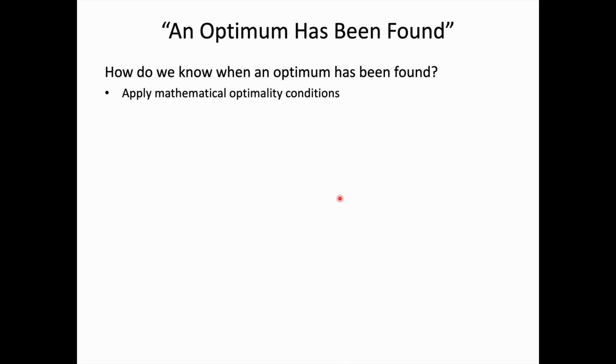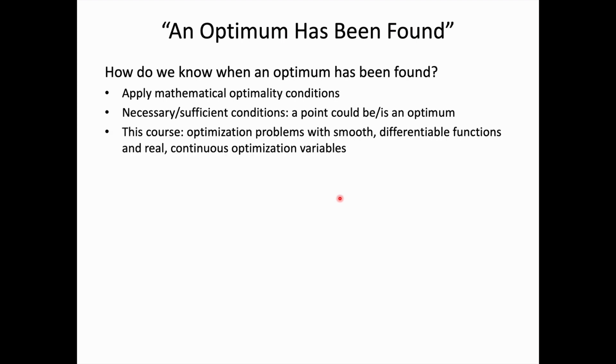So what does it mean when an optimum has been found? How do we know when it's been found? We need to apply mathematical optimality conditions, and these typically involve what we call necessary and sufficient conditions. These refer to whether a point could be an optimum or definitely is an optimum. And we'll talk about the distinction or the nuance there in just a moment.